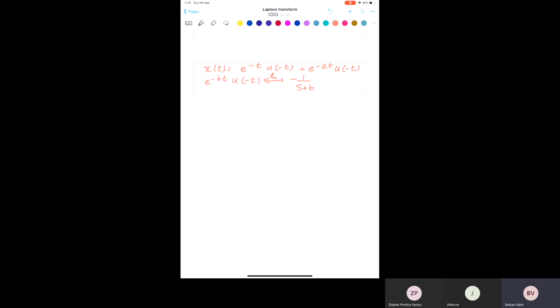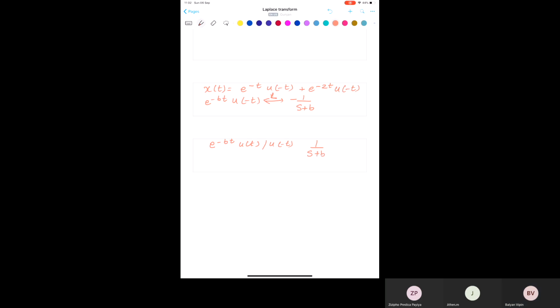At this stage, I'm just telling you how to remember this. I'm writing three or four of these, and maybe you will be able to understand. If you have something as minus bt, whether you have a ut or u of minus t, you will always get the answer in the form of s plus b.